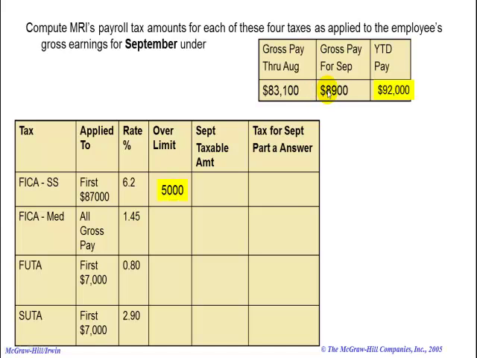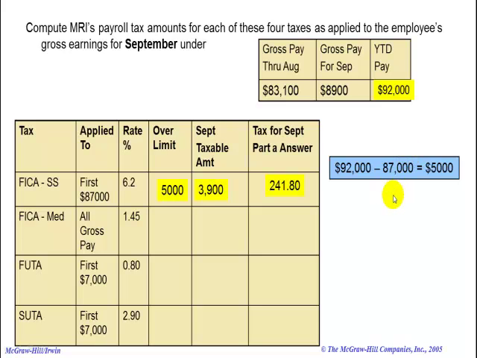So how much is taxable? $3,900 is taxable. They're $5,000 over the limit, and so the amount of tax we're going to take out of their gross pay for Social Security at 6.2% will be $241.80, and that's based on $3,900 of this $8,900 September pay.